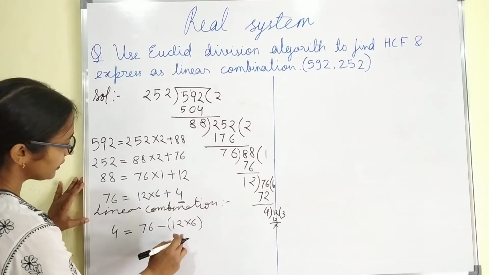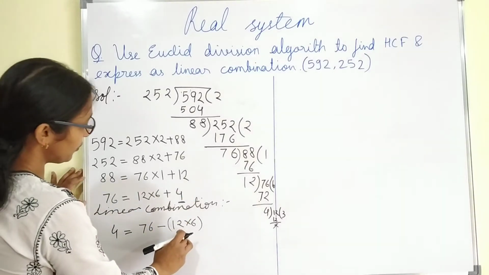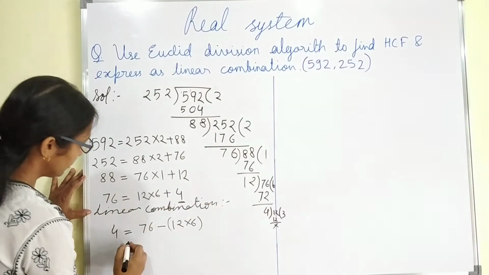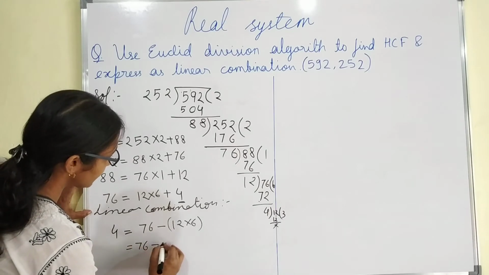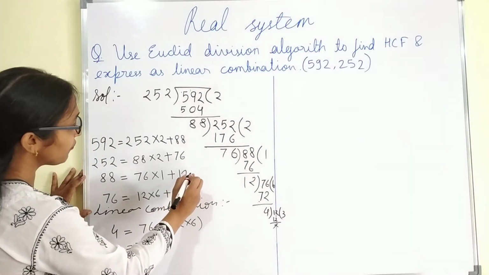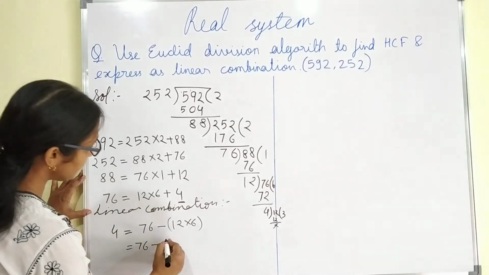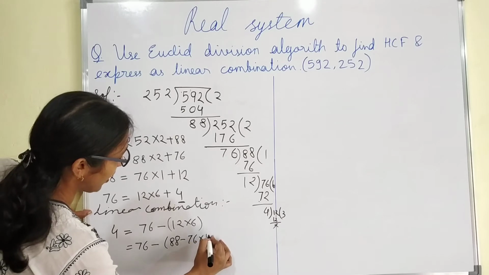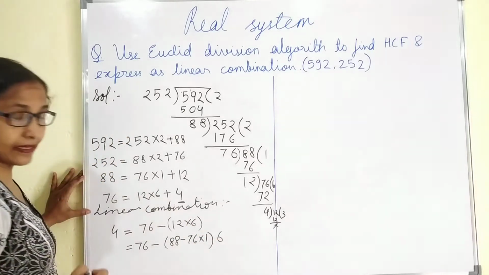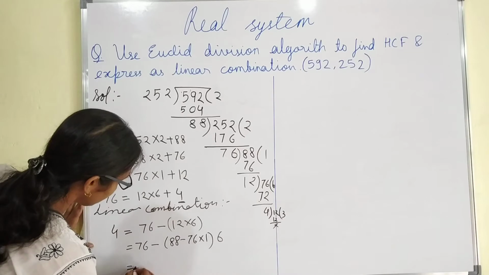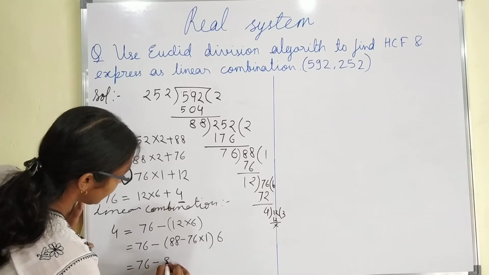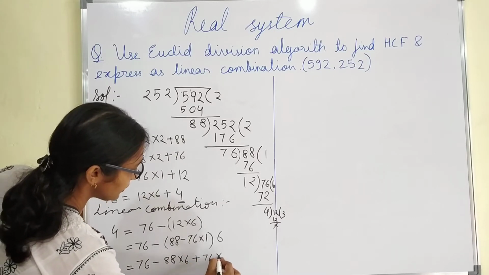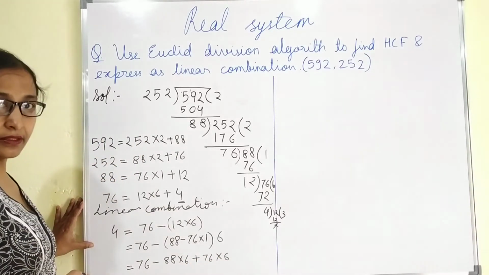Now in this equation we will put value of 12 from here. So it will become 76 minus, I am putting value of 12, that is 88, 88 minus 76 into 1 and into 6. So 76 minus 88 into 6 plus 76 into 6.